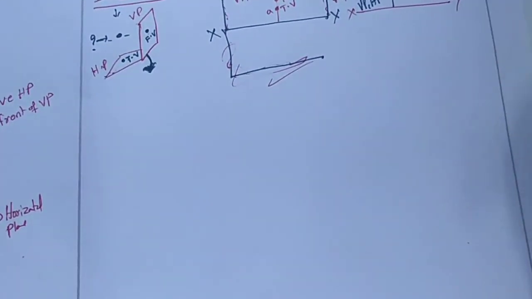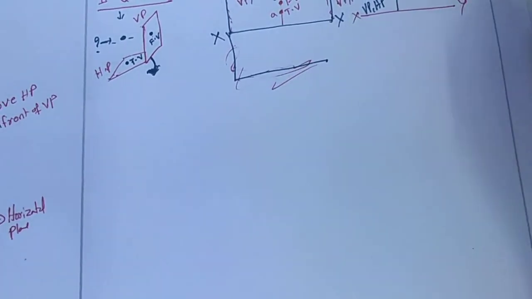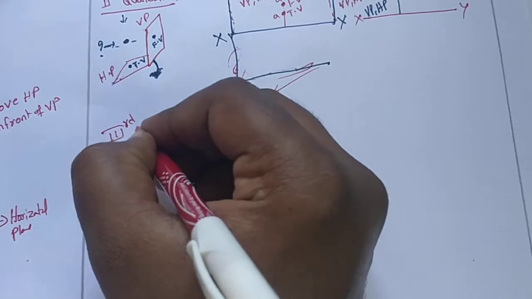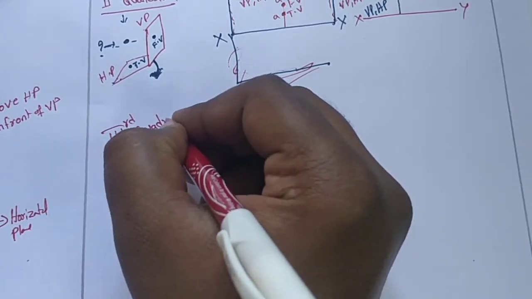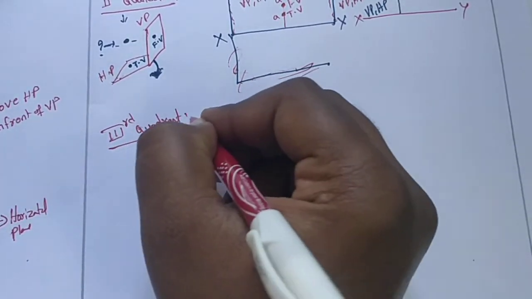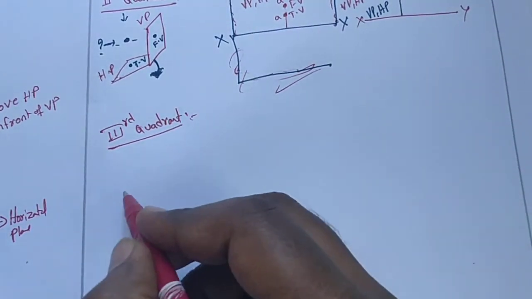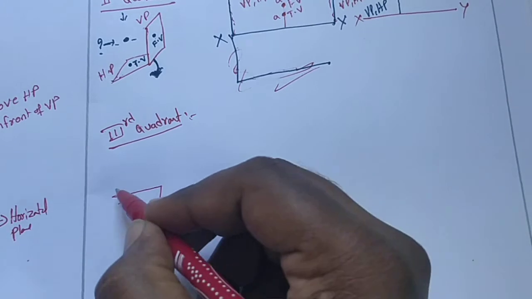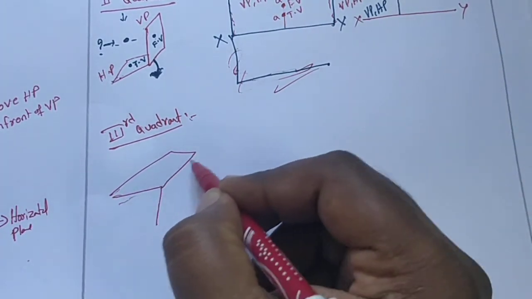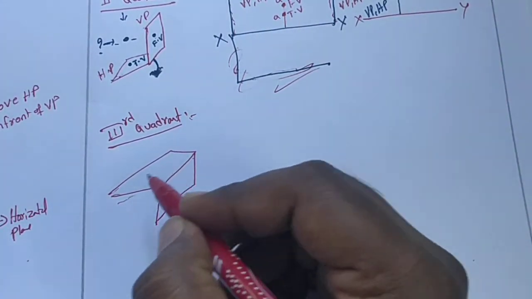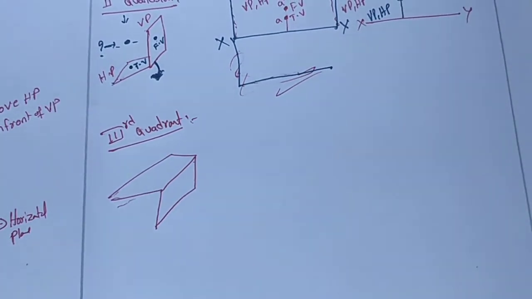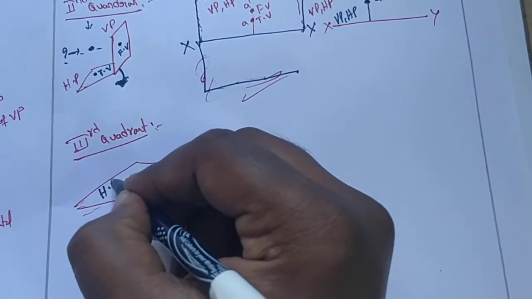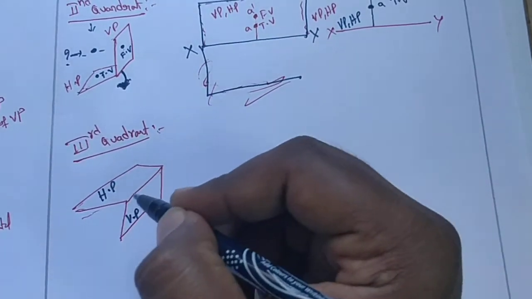Similarly, coming to the third quadrant. In the third quadrant, this is the horizontal plane and this one is the vertical plane.